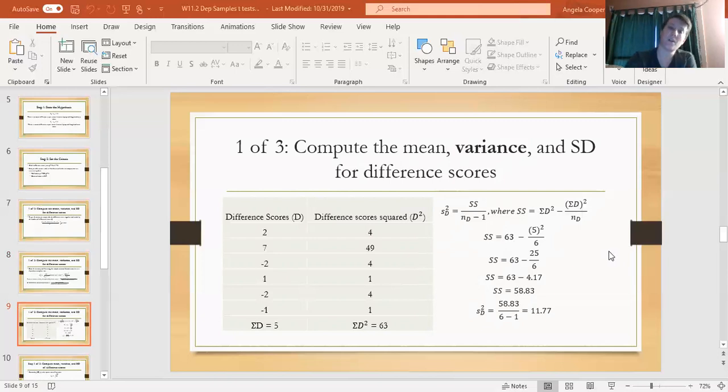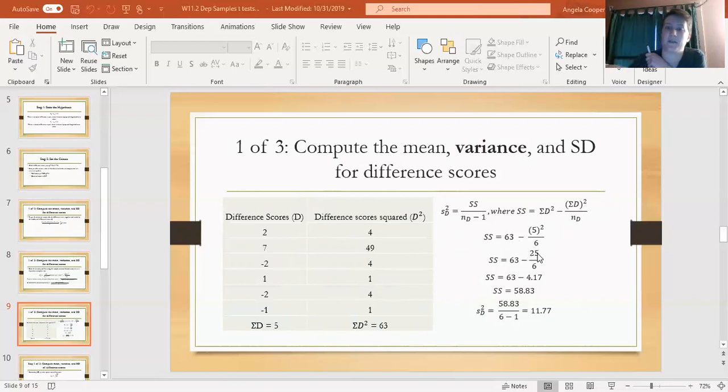So again, we're going to start with this sum of squares formula because we need to calculate this before we get our variance. So that's 63, the sum of the squared difference scores, minus the sum of the difference scores, 5, squared, divided by the number of difference scores, which is 1, 2, 3, 4, 5, 6. So that simplifies to 63 minus 25 divided by 6.